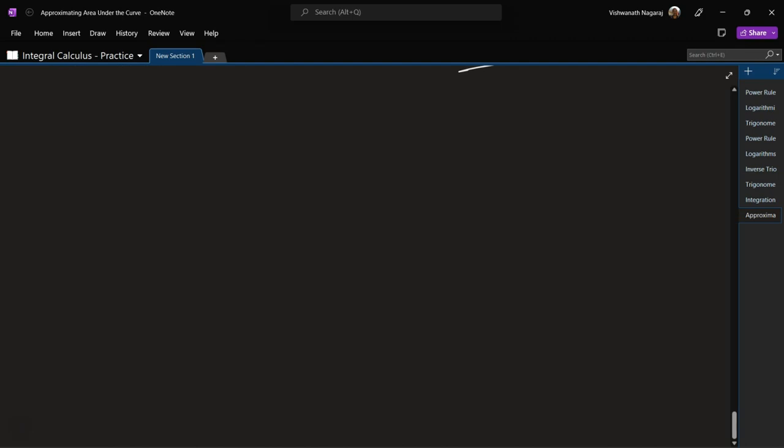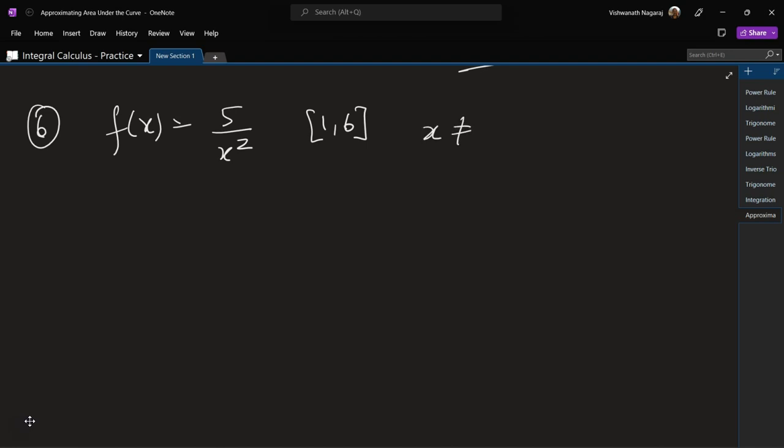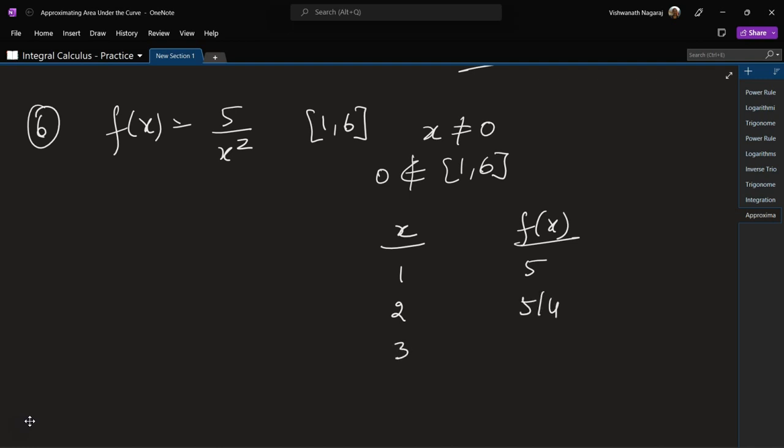Okay, now let's look at the sixth one. f of x is equal to 5 by x square in the interval 1 comma 6. Okay, again x cannot be equal to 0, but since 0 does not belong to 1 comma 6, we are safe. So x, f of x, if it is 1, this will be 5. If it is 2, this will be 5 by 4. If it is 3, this would be 5 by 9.